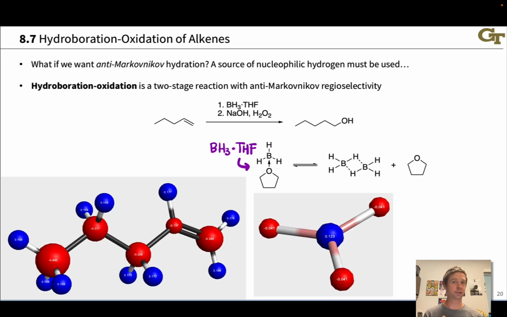This leads to a situation in the starting alkene where there's more partial negative charge on the less substituted position and less negative charge, or more positive charge, depending on how we want to think about it, on the more substituted position. So this position sort of goes with the nucleophilic hydrogen in BH3. This is why this hydrogen ends up linked to the more substituted position, and boron, which is more metallic, more Lewis acidic, ends up linked to the less substituted position in the alkene.